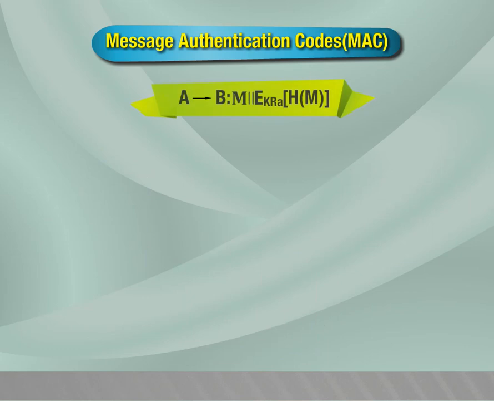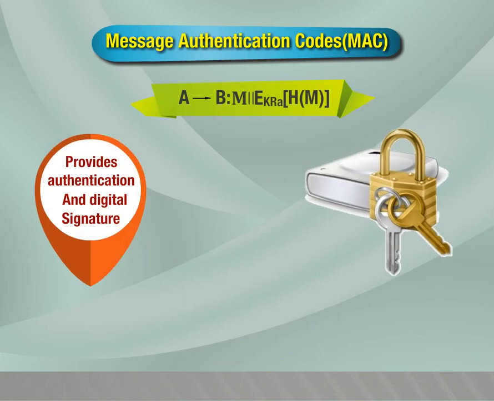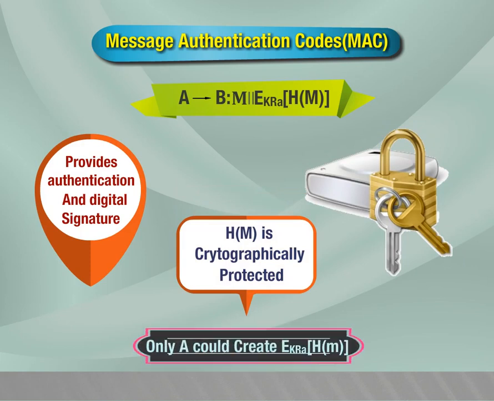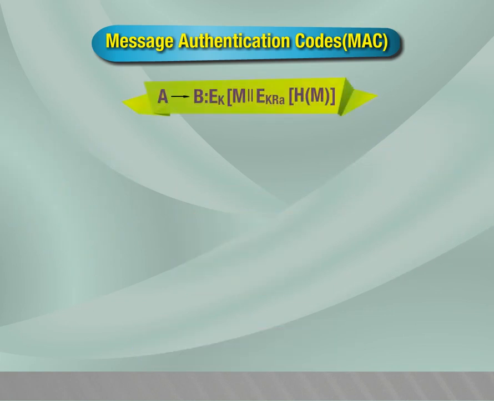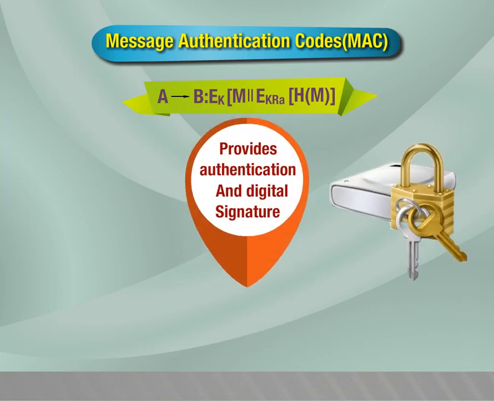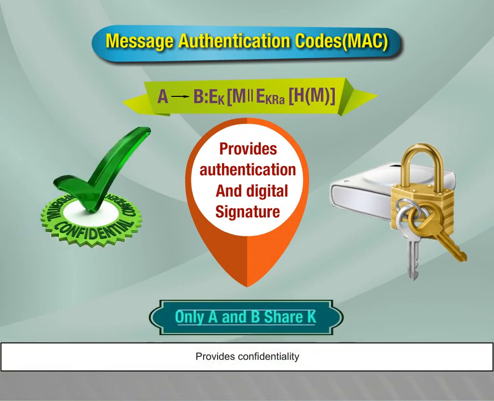A to B: M || EKRa(H(M)) provides authentication and digital signature, H(M) is cryptographically protected, only A could create EKRa(H(M)). A to B: EK(M || EKRa(H(M))) provides authentication and digital signature, and provides confidentiality, only A and B share K.